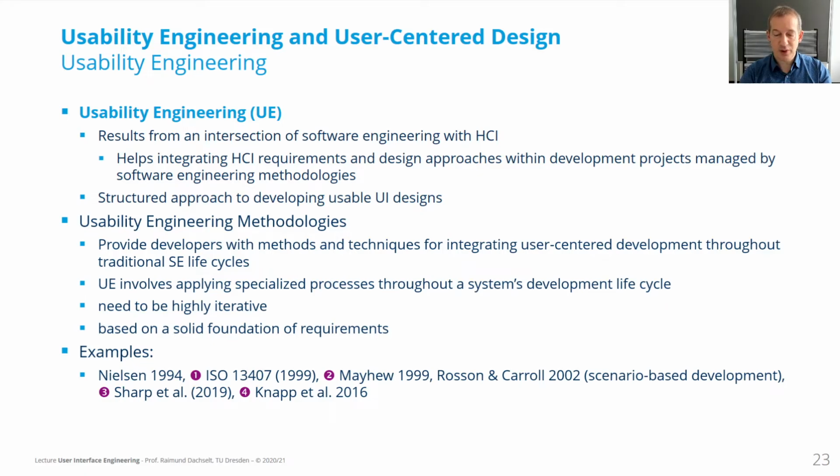It has a fresh approach, and I can only recommend that to you, and I use it also throughout the lecture repeatedly. Just to say it again, Yvonne Rogers, Helen Sharp and Jenny Preece. And then there's a more recent methodology by Knapp et al. We come to that in a minute. And the ones with these magenta numbers here, I will be introducing on the next slide.